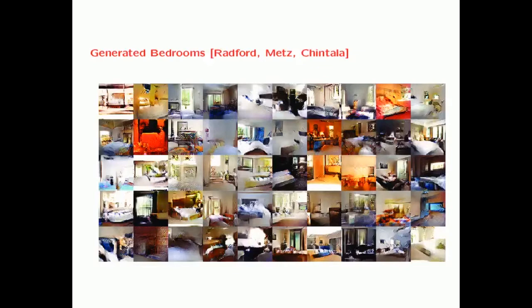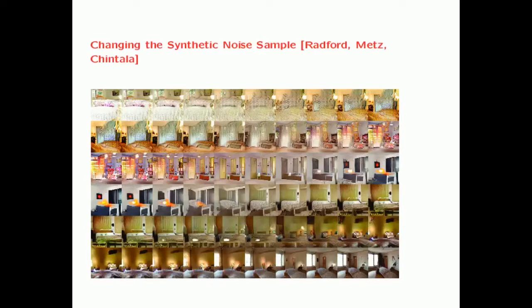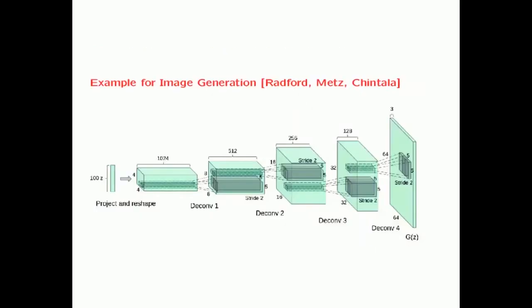Now, another interesting point is what happens for a particular input. Note that here your input is a Gaussian sample, a 100-dimensional Gaussian sample. One thing one can do is slowly change this Gaussian sample. For a particular Gaussian sample you will have a particular type of image.